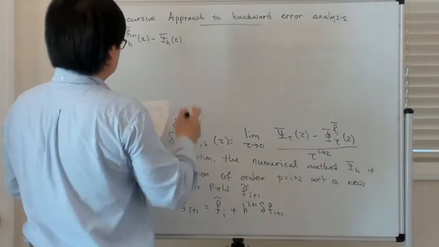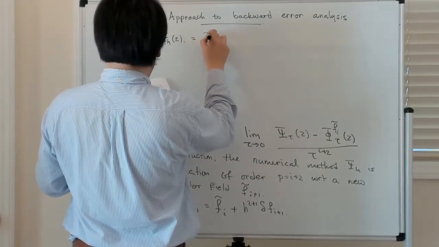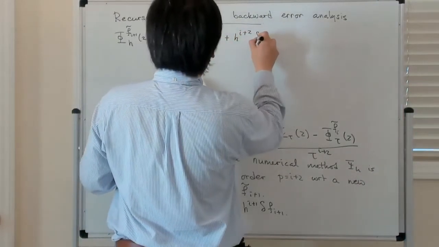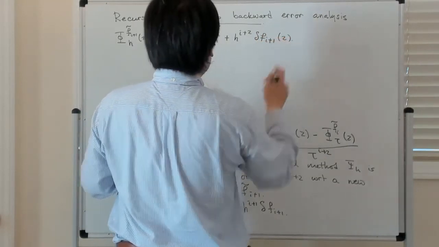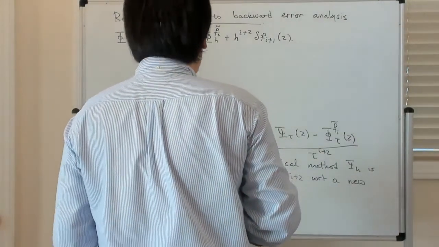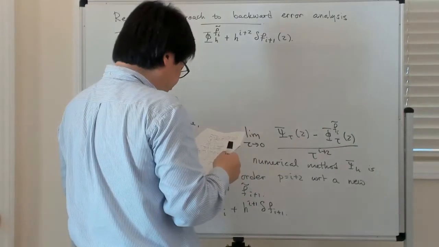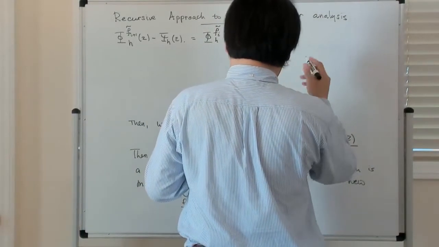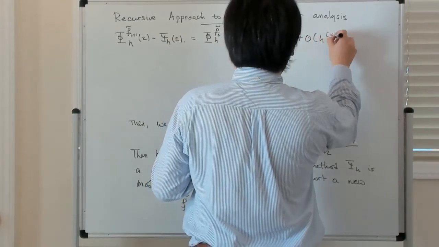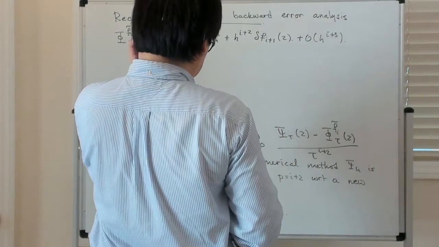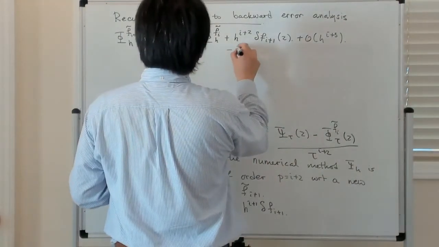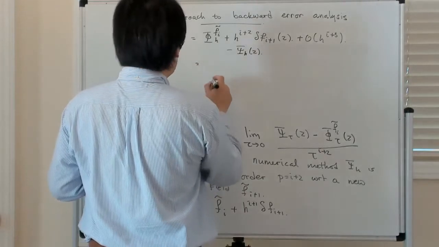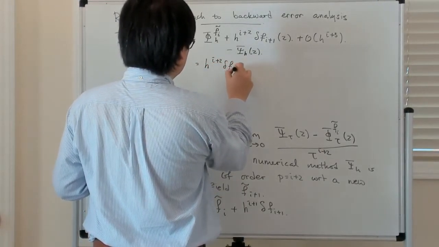So this is of course nothing more than the exact flow of the f tilde I vector field plus h to the I plus 2 delta f I plus 1 of z, which is just the linear correction factor, if you will, plus something which is big O of h to the I plus 3, minus the numerical one-step method.